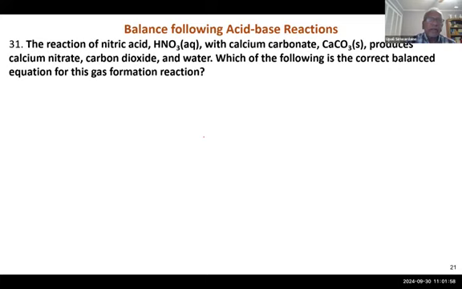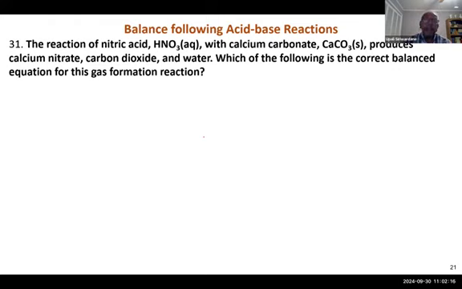The reaction between nitric acid and calcium carbonate produces nitrate, carbon dioxide and water. Which of the following is the correct balanced equation for the gas formation reaction?